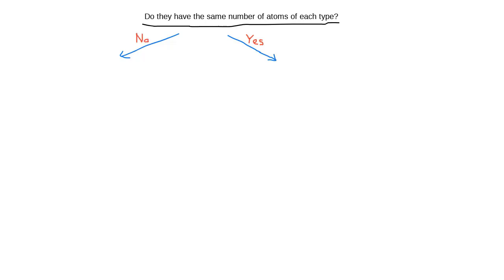If the answer is no, then the two compounds are not isomers. Let me edit this: do the compounds have the same number of atoms of each type? If no, they're not isomers.